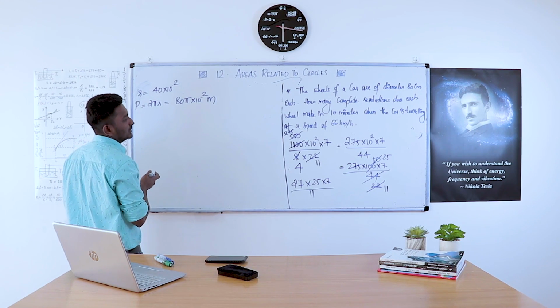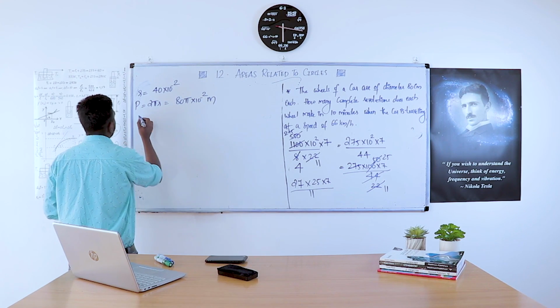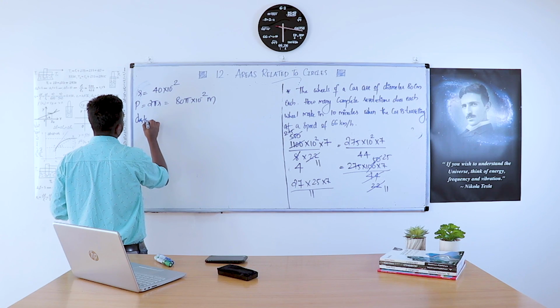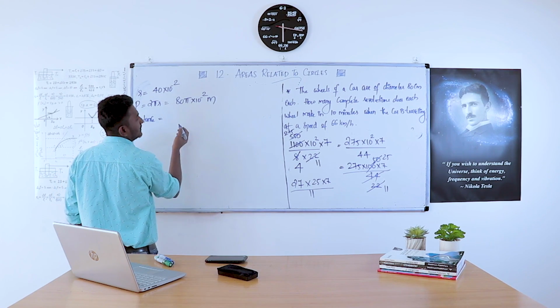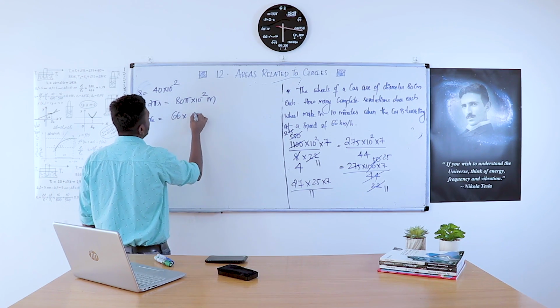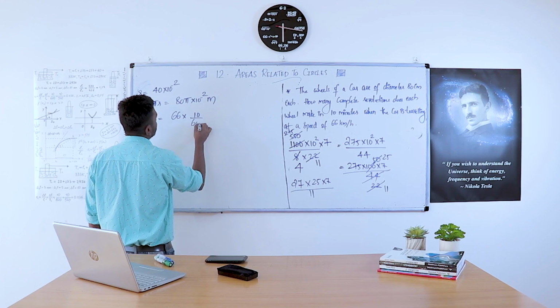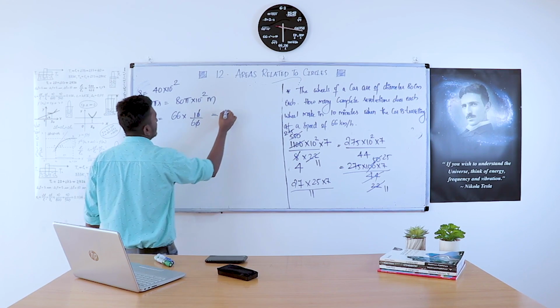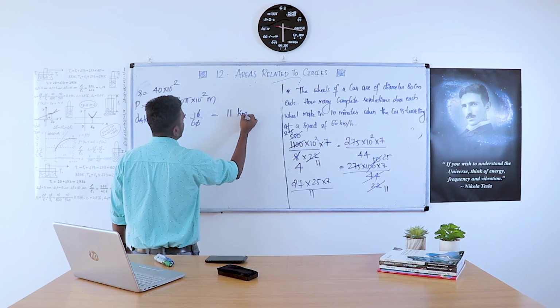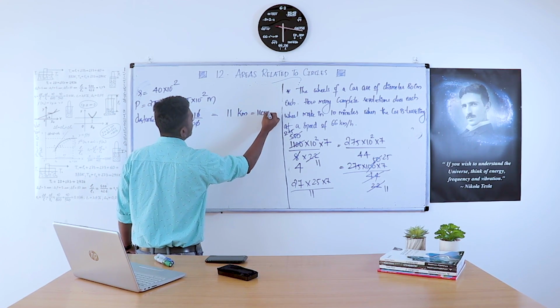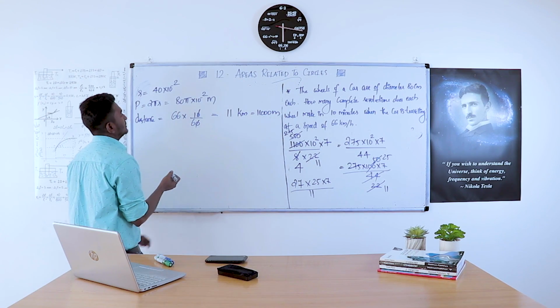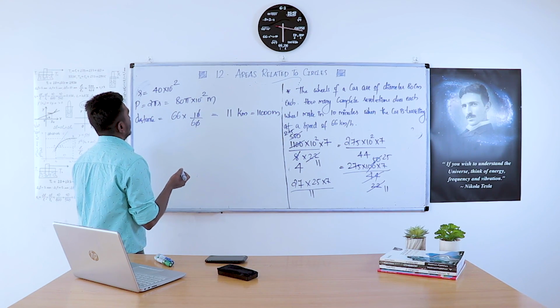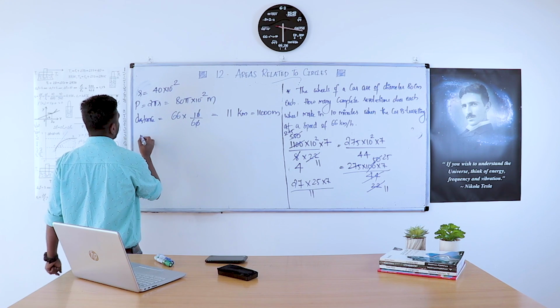Then distance is equal to speed into time. Speed is 66 into time. Time 10 minutes becomes 10 by 60 hour. So 11 kilometer, that is equal to 11,000 meter.